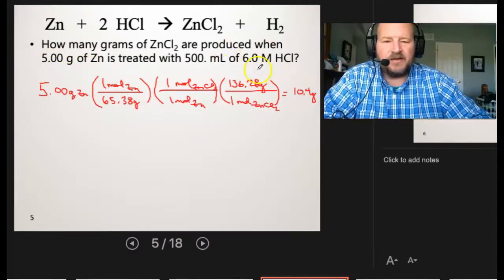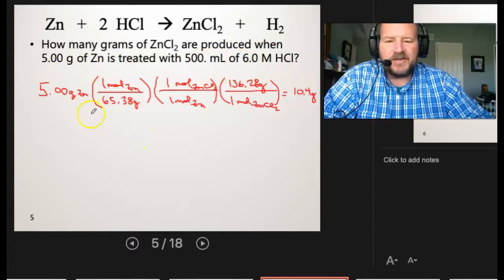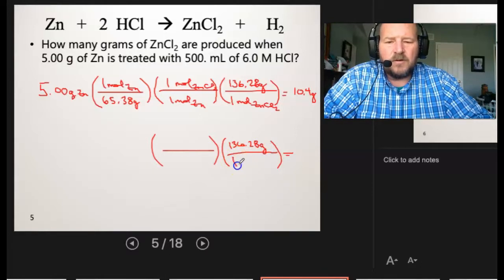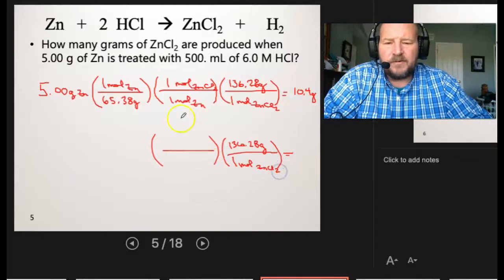What about the HCl? So now what's going to change is that first step, right? So the two middle steps will be identical. We're looking for that same zinc chloride product. The numerator in the middle will stay the same, right?